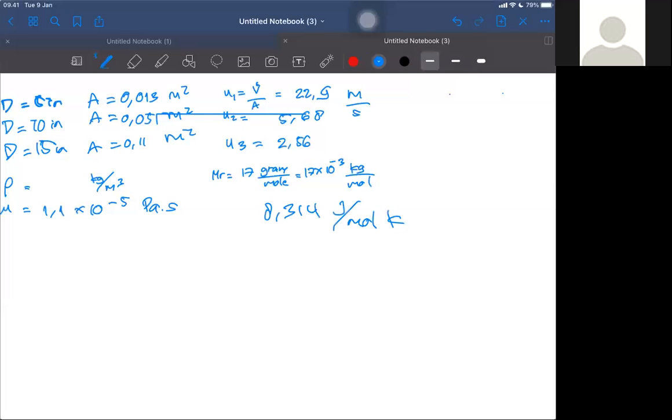All right. Temperature is in Kelvins, 303. Yes. It should be less than air, right? It should be, sir.